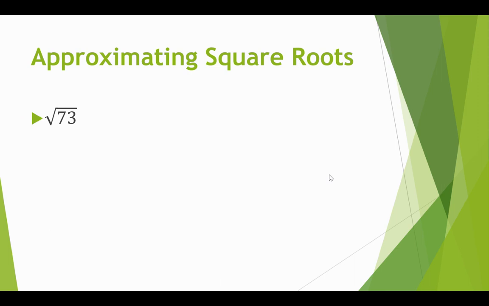And I've got a perfect square higher than 73 in 9: 9 squared is 81. So 81 is high and 64 is low when we've got 73. It's going to be somewhere between 8 and 9, pretty much in the middle, so it's going to be pretty close to 8.54. And I can use my calculator to check.